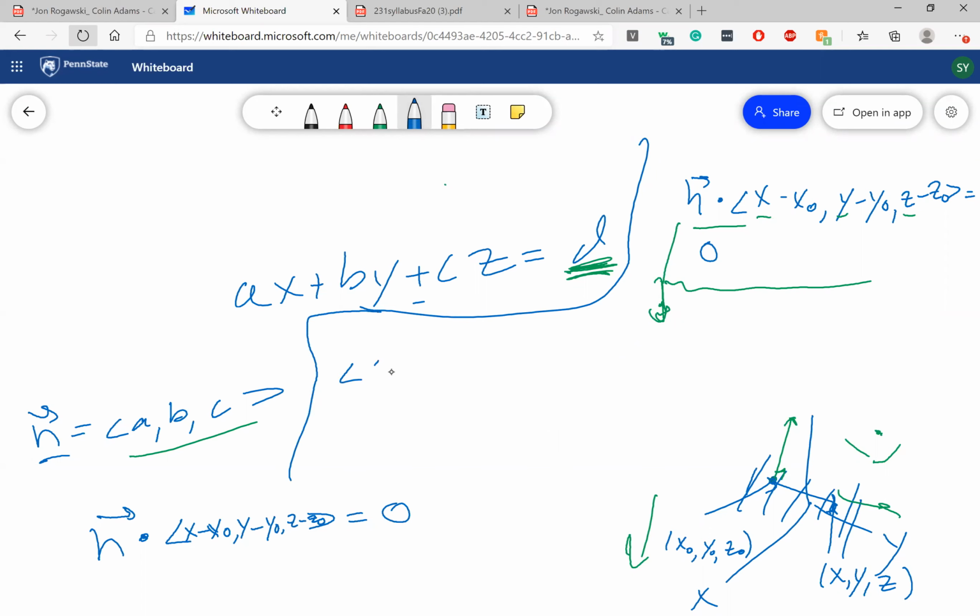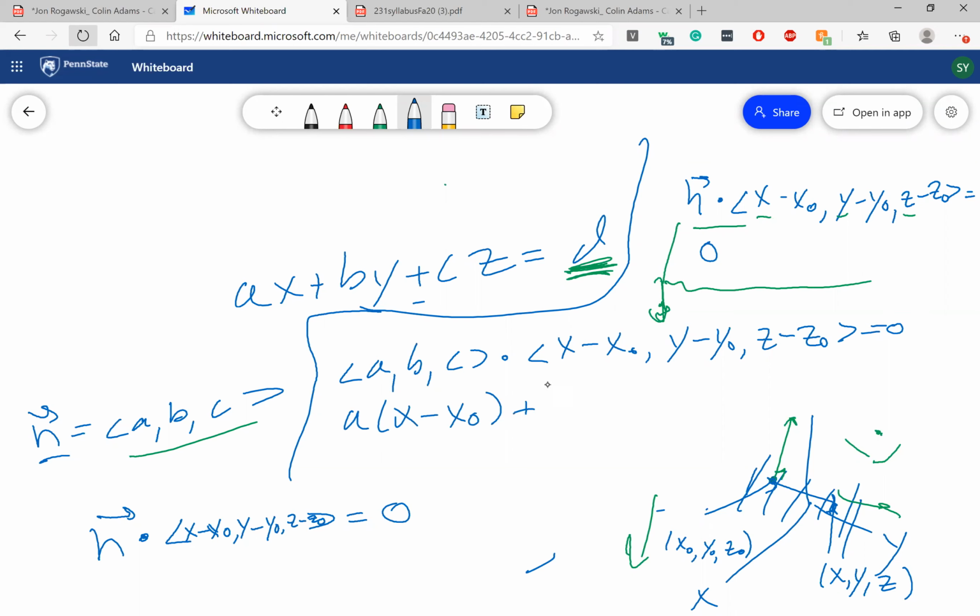A, B, C dotted with x minus x0, y minus y0, z minus z0 is equal to 0, which tells me that A times x minus x0 plus b times y minus y0 plus c times z minus z0 is equal to 0.